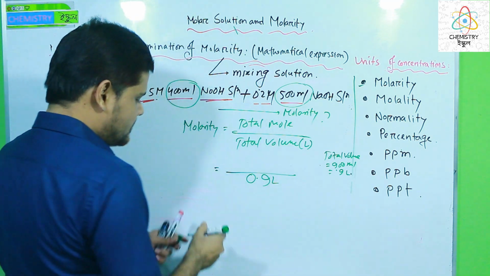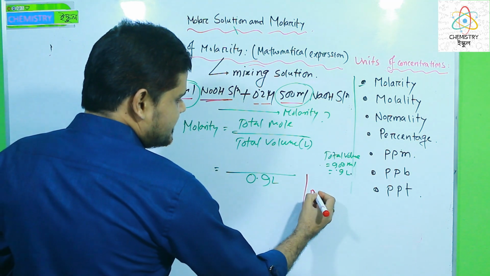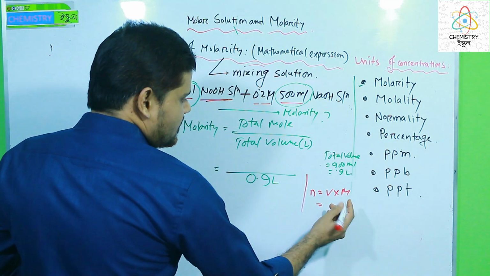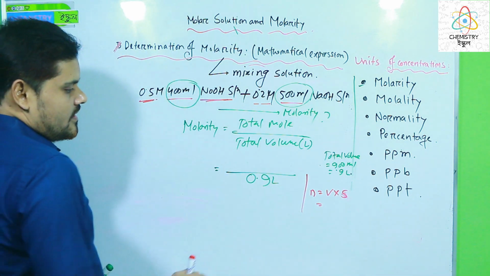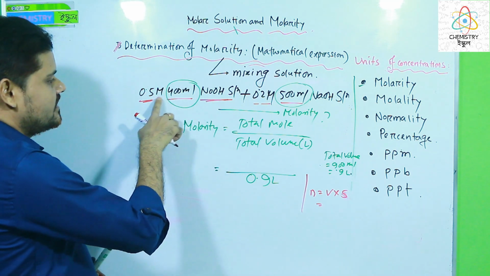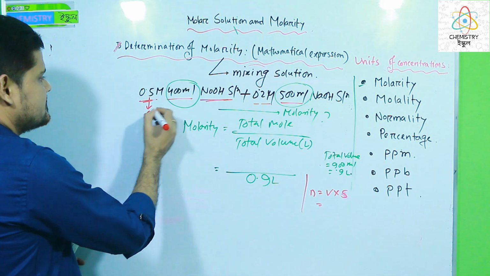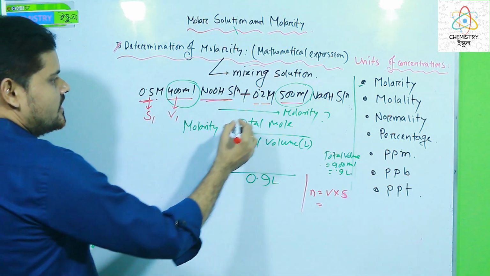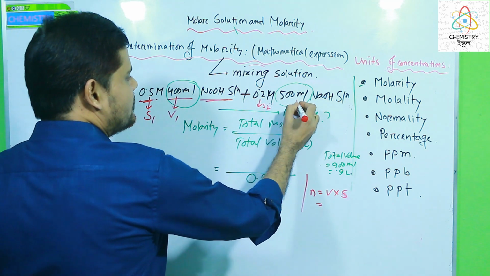There is an equation: mole, n, is equal to V into S, where S is the molarity. If we multiply the volume with the molarity, we get the moles. So here this is S1 and this is V1, and this is S2 and V2 for the second solution.